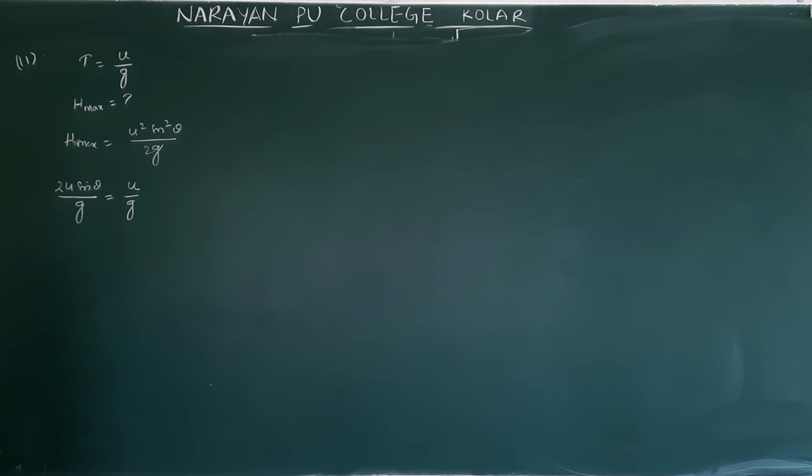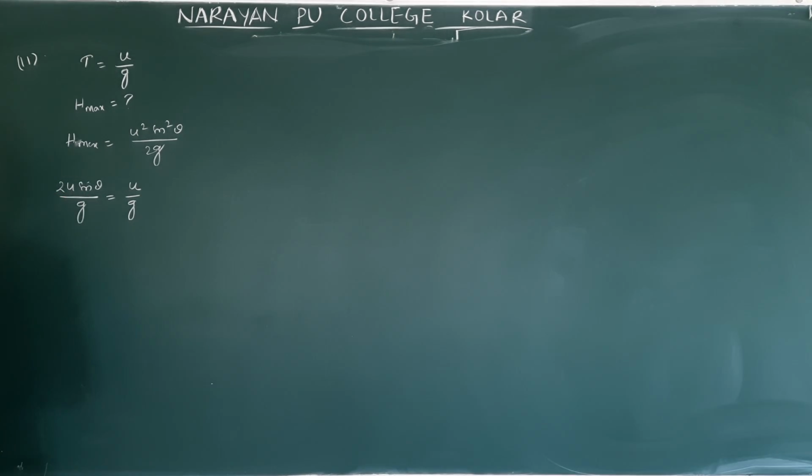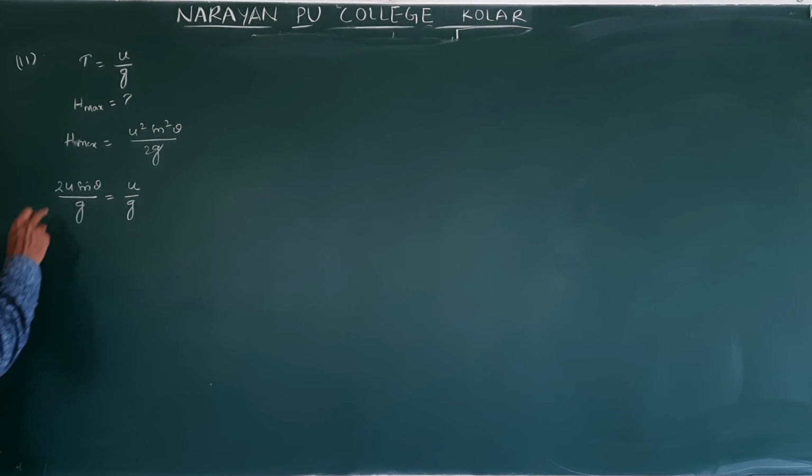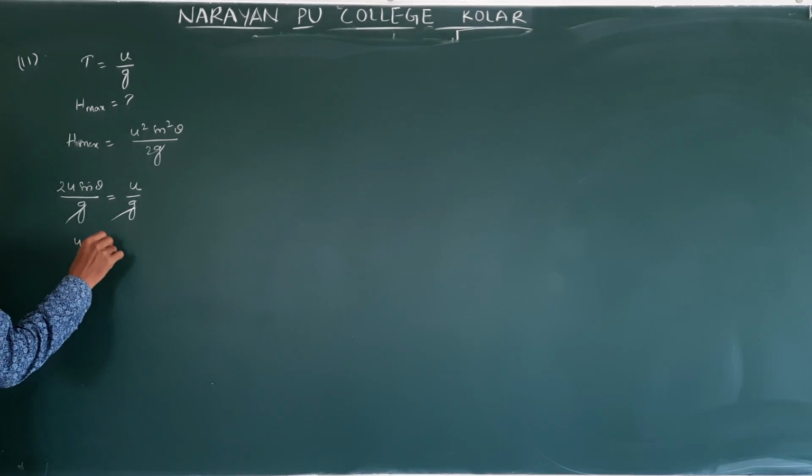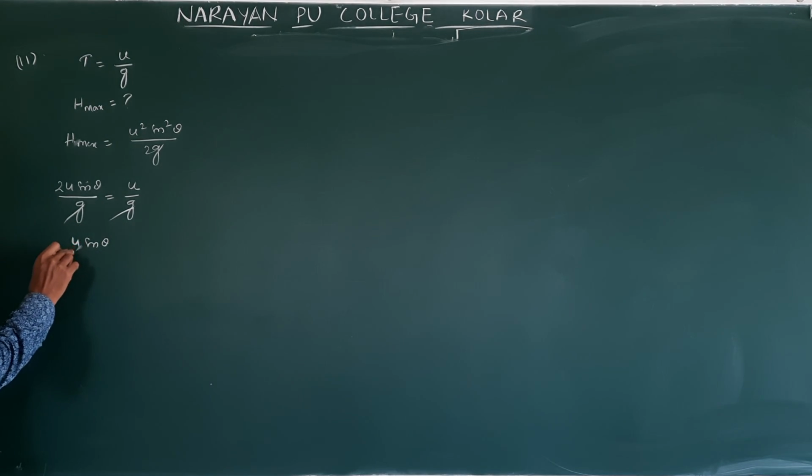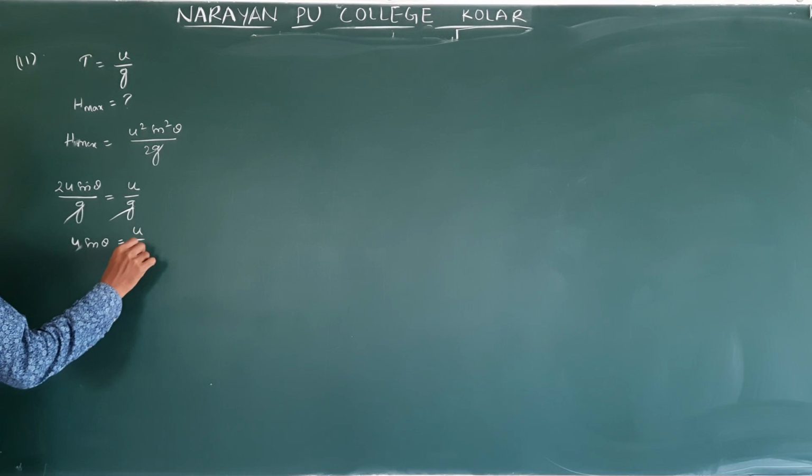Clear? Understand? So from here, just find u sin theta, because u square sin square theta is there. g cancels. u sin theta is equal to u by 2.